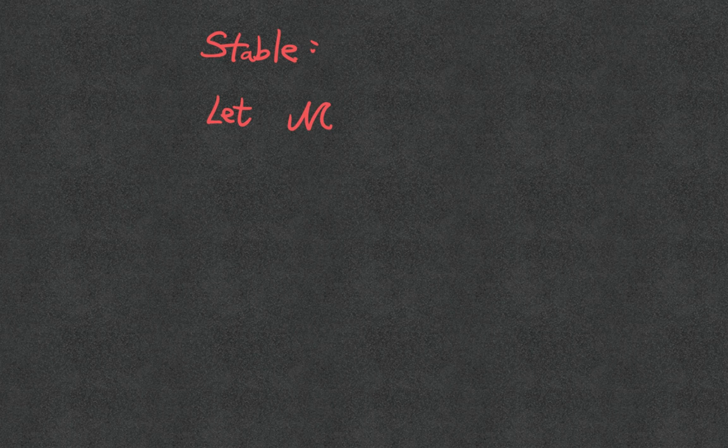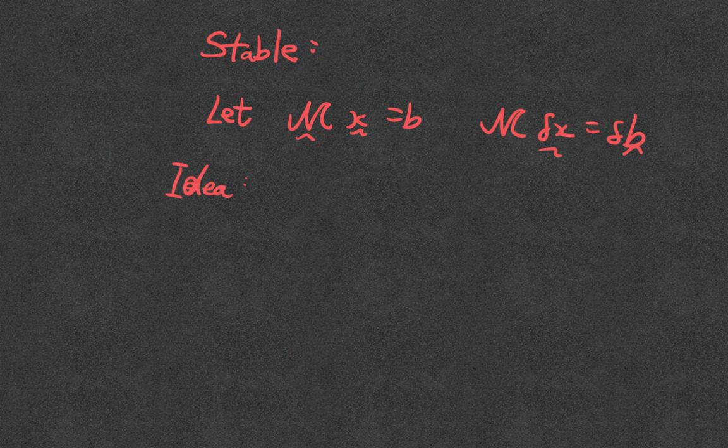What we actually want to do is the following. If I have Ax equals b, and then I have a perturbation of x, that will lead to a perturbation of b, or if I have a perturbation of b, it will lead to x changing. The key idea is the following.